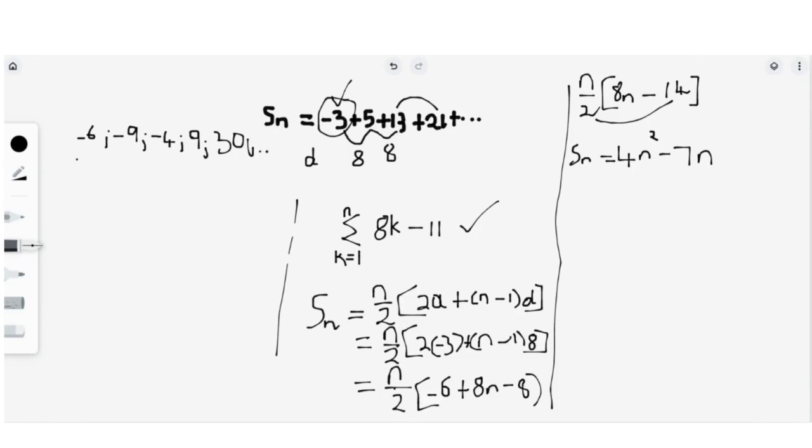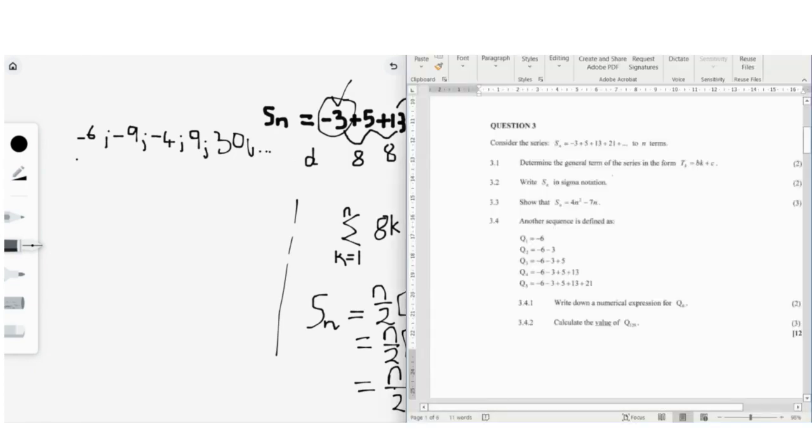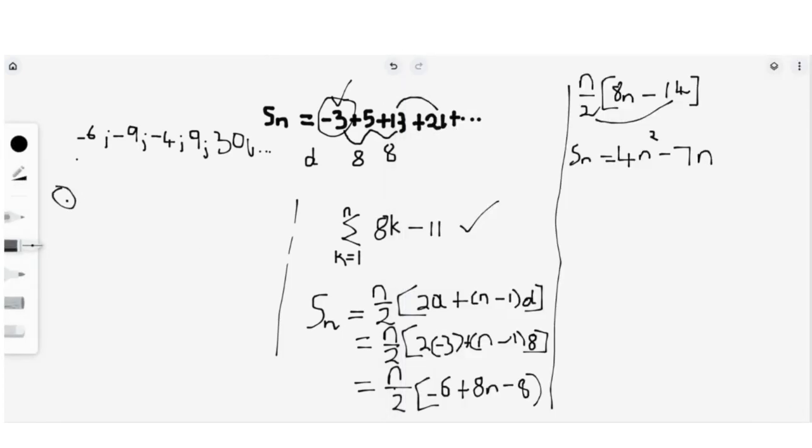Okay, let's get the first question of that. The first question is that we should write down Q6. Q5 was minus 6 minus 3 plus 5 plus 13 plus 21. What are they adding to get to the next term? So Q6 will be equal to, they all start with minus 6.